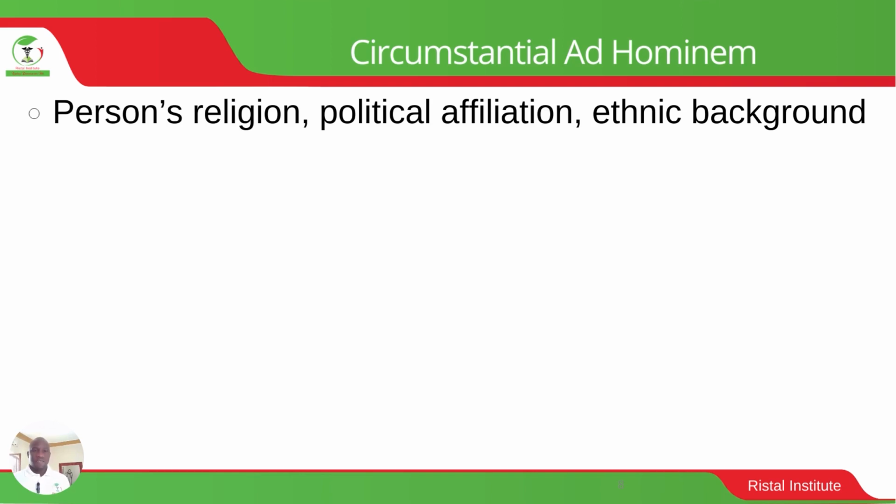If I say there is this particular trait that is very common with a particular religion, and there is evidence to that, and then you say you're saying that because you're Muslim, or you're saying that because you're Christian, or you're saying that because you're in the opposition, or you're saying that because you're the ruling party, or you're saying that because you belong to this ethnic group or the other. So instead of attacking what I've just said, you focus on where I come from, the political party that I belong to, or even my religious status.